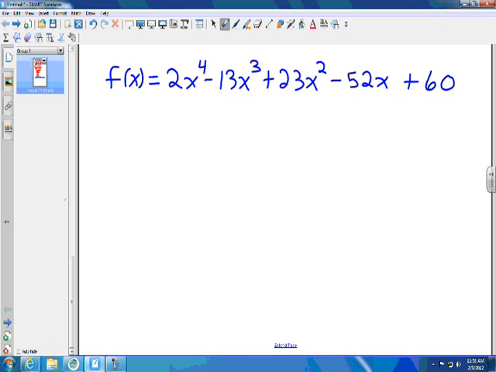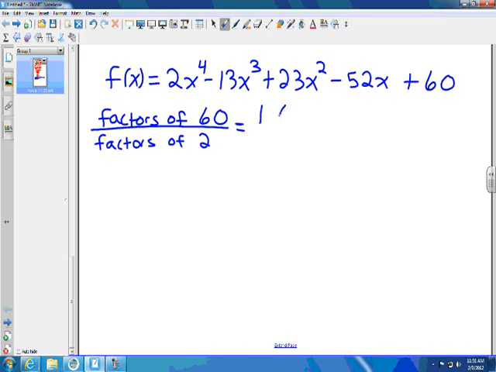So the first thing I would do is find your possibilities. Factors of 60 divided by factors of 2. So what are your factors of 60? So we have 1 and 60. 2 and 30.